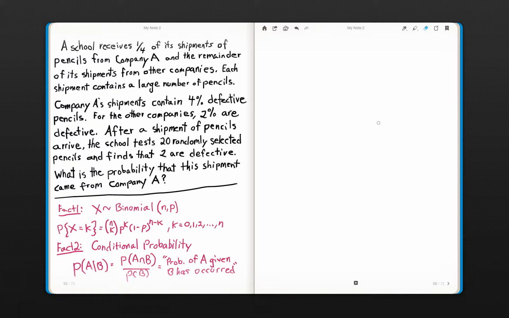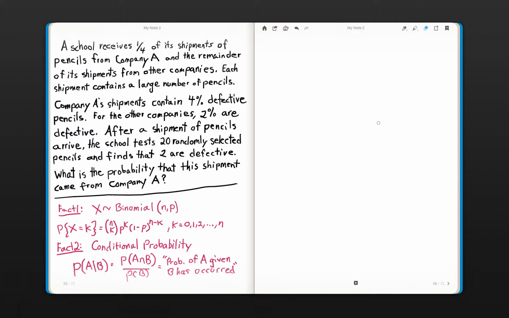Okay, so this problem does involve several concepts. It involves command of the binomial random variable and conditional probability, and it also requires knowledge of Bayes' theorem. So we'll mix that in as we go over this problem.